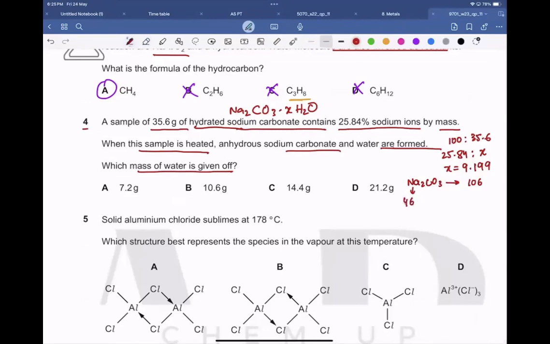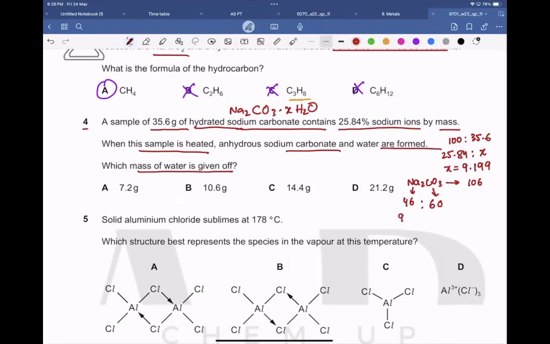If 46 is sodium, then this must be 60: 3 oxygens is 48, so the carbonate must be 60 gram. So we got the ratio that in sodium carbonate, with 46 gram of sodium, there is 60 gram of carbonate, right?